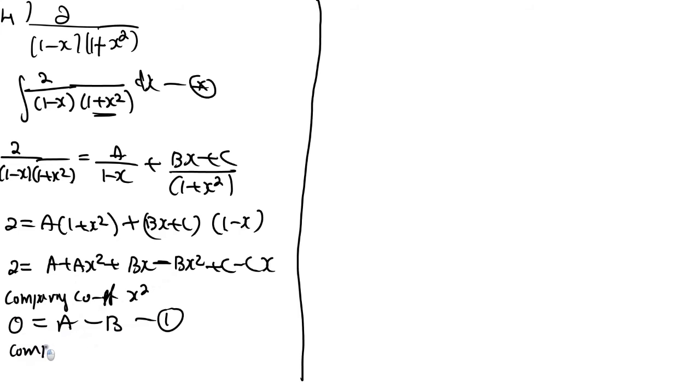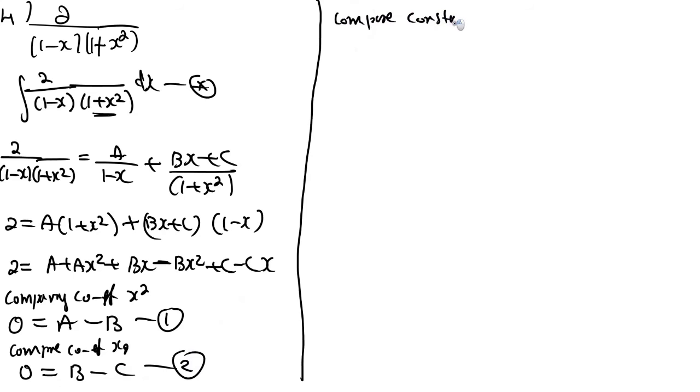Then compare coefficient of x: 0 is equal to b and minus c, take it as equation 2. And compare constant terms: left hand side is 2, right hand side is a plus c, take it as equation 3.